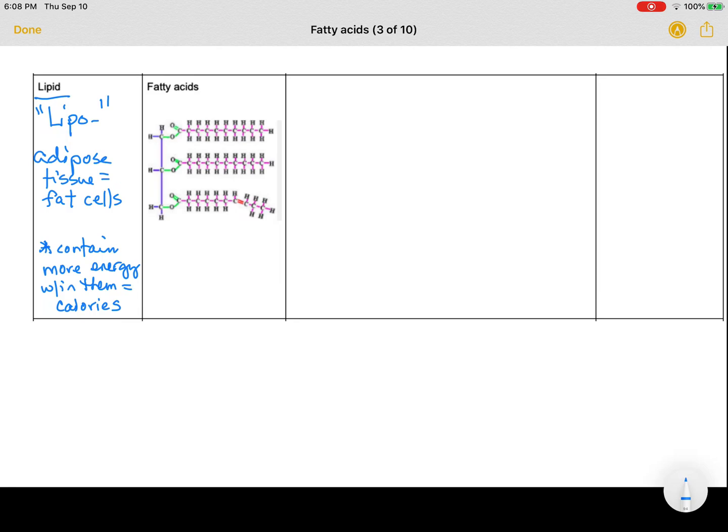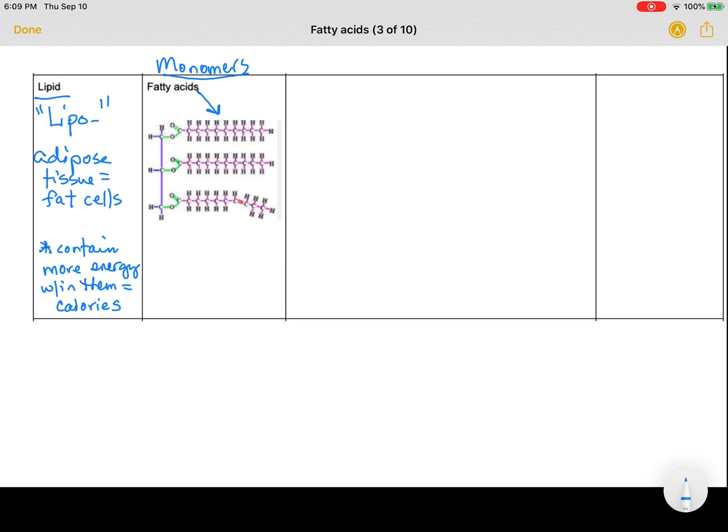Okay, so the monomers. The monomers of lipids, we're going to say they're fatty acids. Some people actually say, well, there's not really a true monomer for lipids. Basically, the fatty acids are these little chains here with a carbon skeleton and the hydrogens attached. You'll notice that they're straight and they have only carbons and they have a hydrogen at every bonding point.